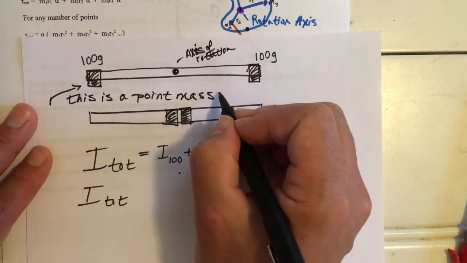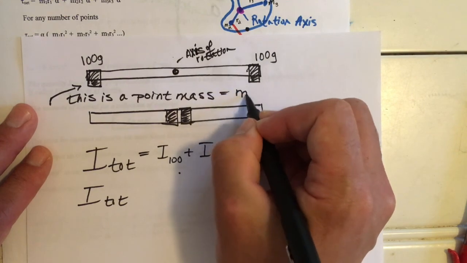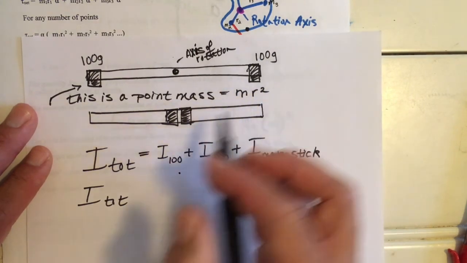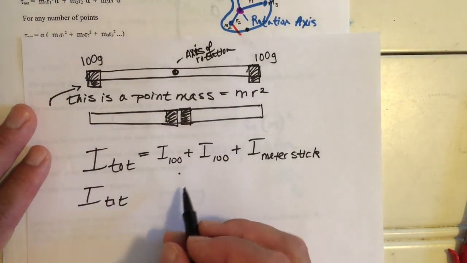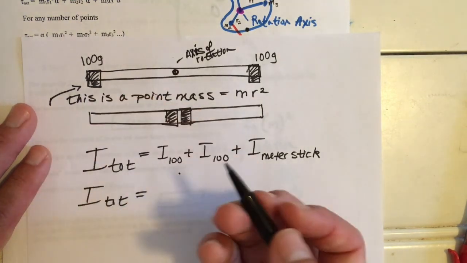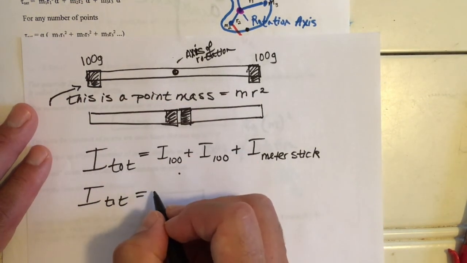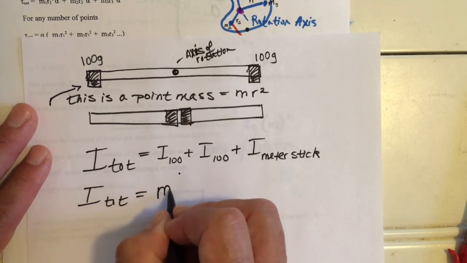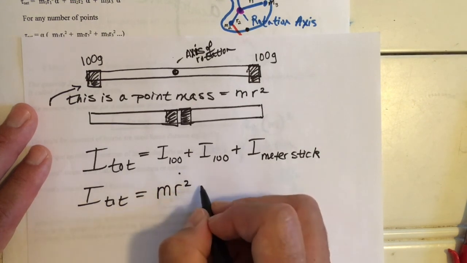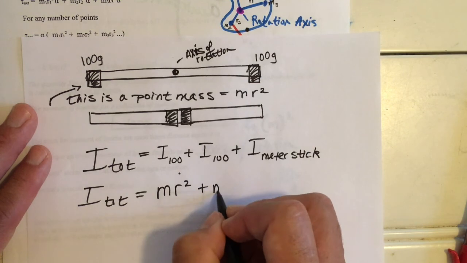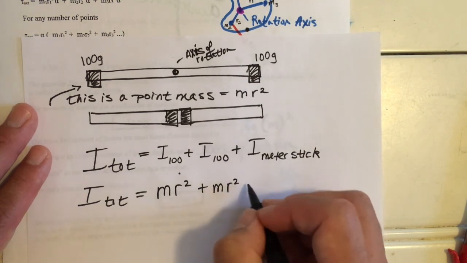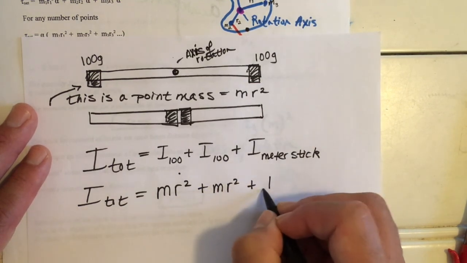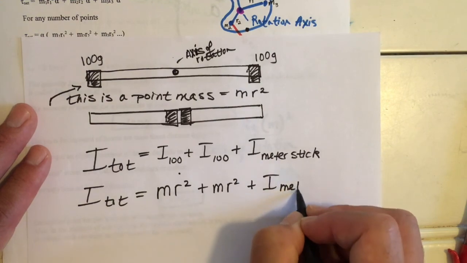A point mass has the formula mr squared, right? Where it's the mass of the object, 100 grams in this case. I'm going to go ahead and change it to kilograms, or I'll do it in a second, right? I is equal to mr squared plus mr squared plus I meter stick. I'll come back to that one in a second.